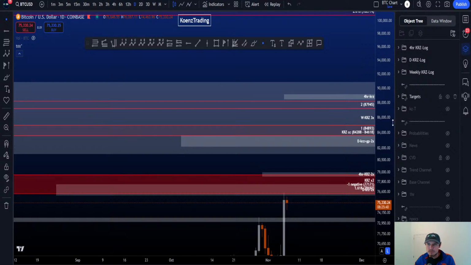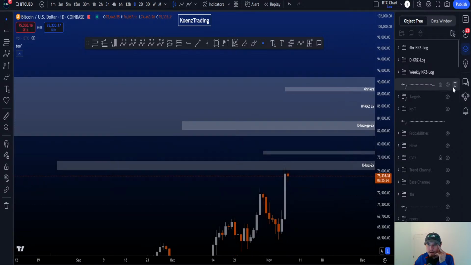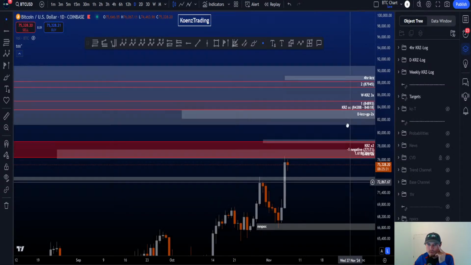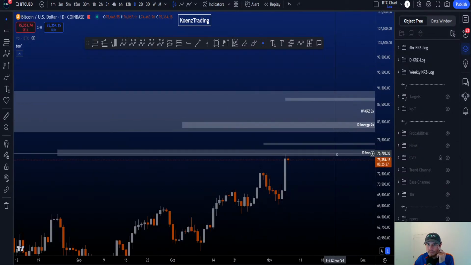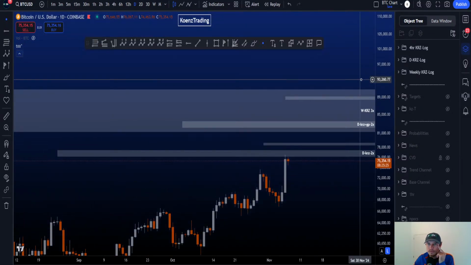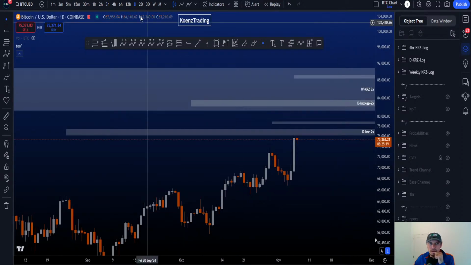Probably going to change my folders around because I want to have these boxes in my targets, where I also have all of my target boxes. I'll probably give these a different color as well. Probably make them blue. So yeah, there we go.